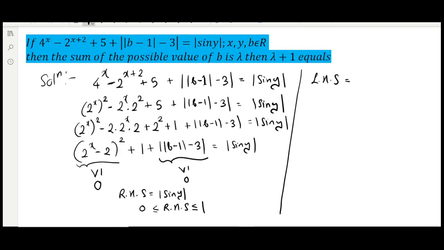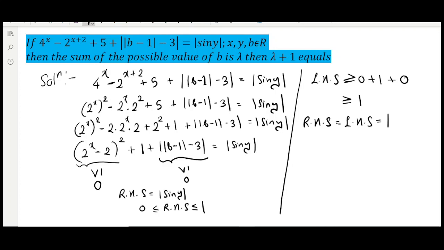The minimum value of LHS is 0 plus 1 plus 0, which is 1. So LHS is greater than or equal to 1 and RHS is less than or equal to 1. The only way we can have a solution is if both are equal to 1, because if one is at least 1 and the other at most 1, they have to compromise on being 1. So RHS equals LHS is only possible when both are equal to 1.